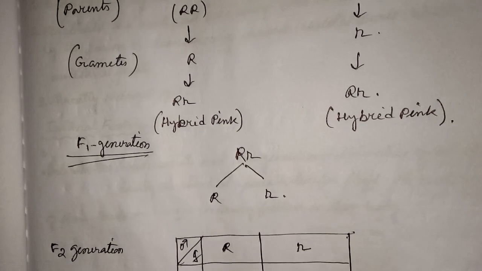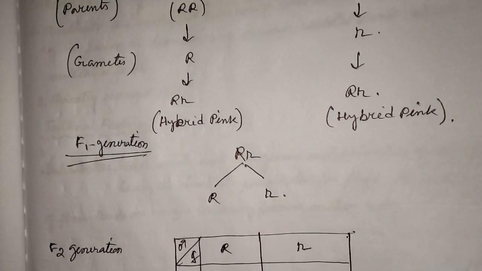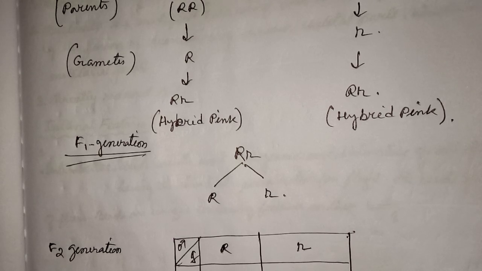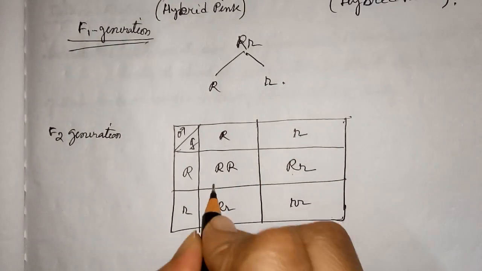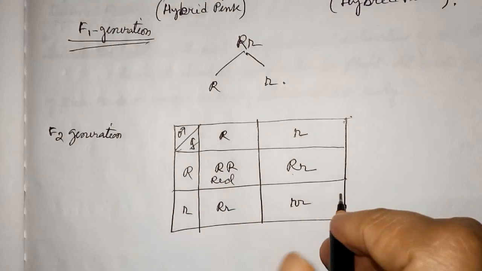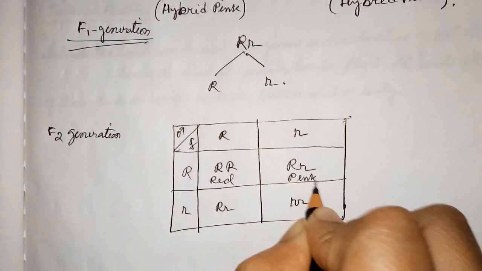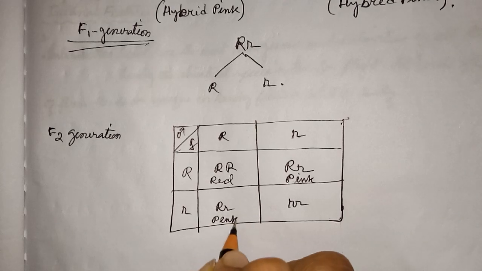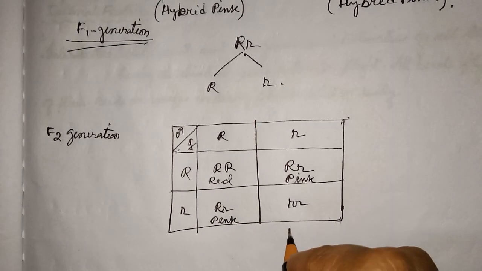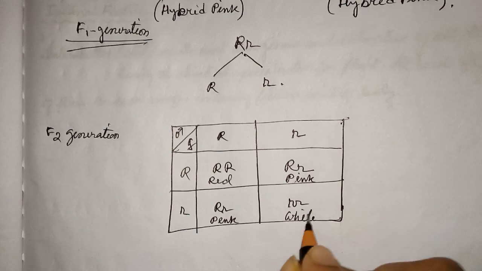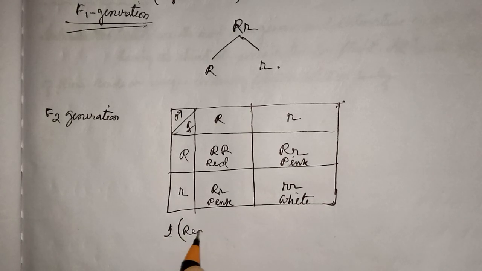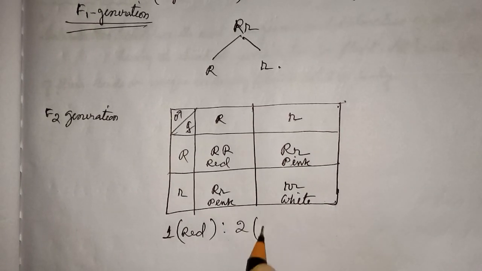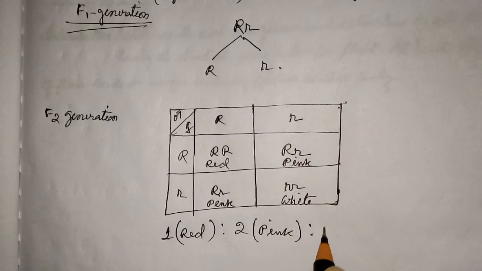So now here it is the red, which means pure red. It is pink, and here it is white. So one is red, two is pink, and one is white.